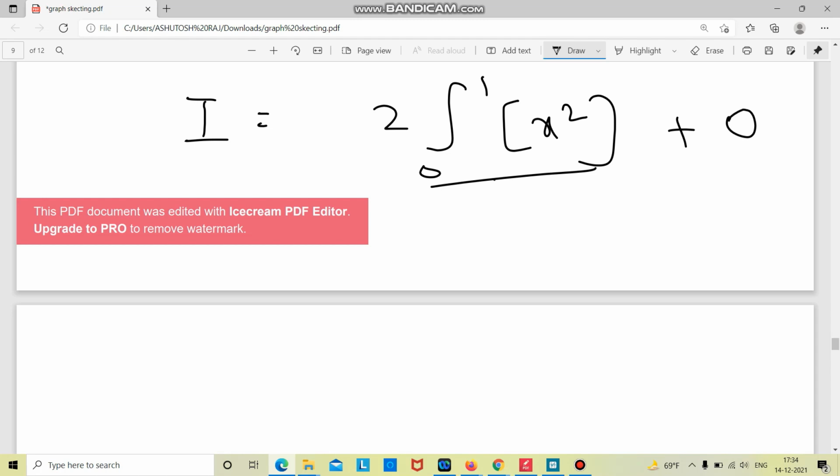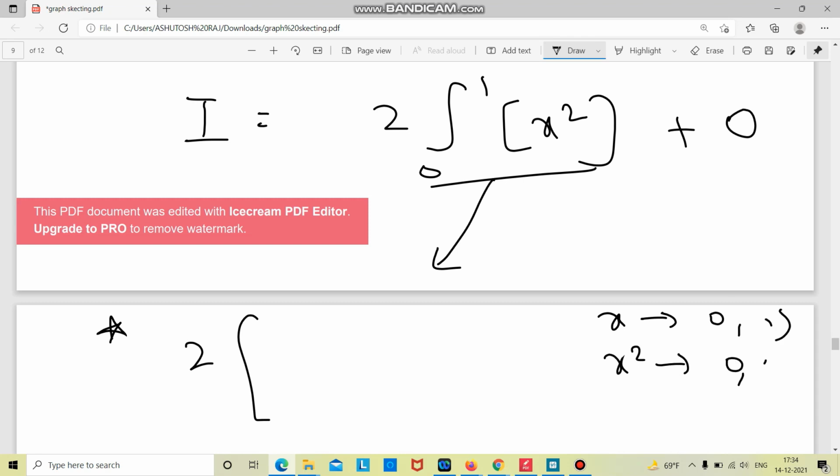Now this can be easily calculated. We can do it by the graph method also, but it would be lengthy. So we can do it just by limit breaking. So 2 into, x varies from 0 to 1, so x square varies from 0 to 1.